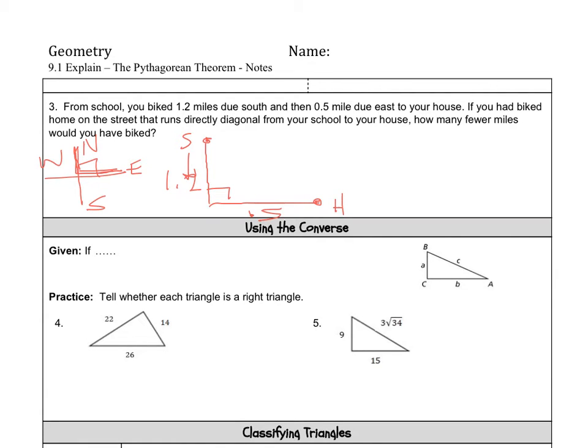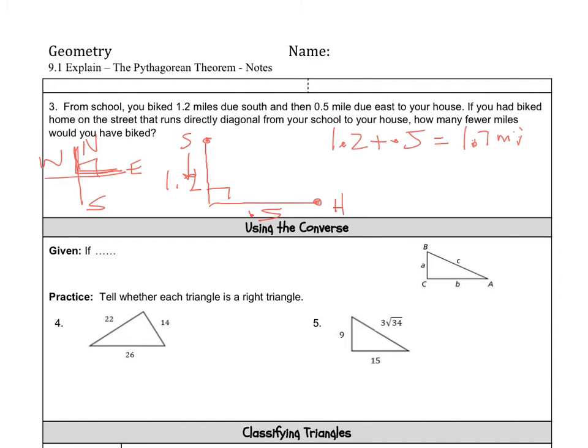Well, think about that. If I go straight south 1.2 miles and straight east 0.5 miles, well, 1.2 plus 0.5, my decimals didn't show up very good, did they? That would be a total distance of 1.7 miles if I go the two different directions.